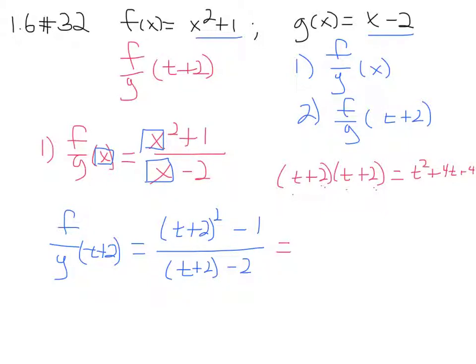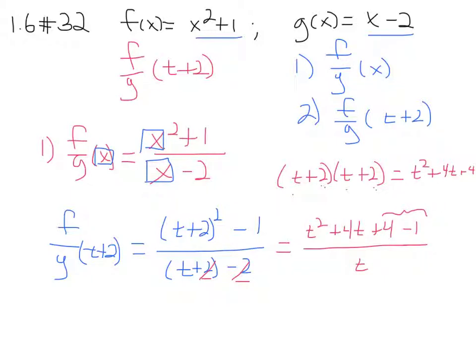Okay. So on the top, we're going to have our t plus 2 squared is going to be t squared plus 4t plus 4 minus 1. On the bottom, it's going to be t plus 2 minus 2, right? Since this is simply subtraction, we're not squaring anything, the plus 2 and the minus 2 will cancel out, leaving just a t on the bottom.